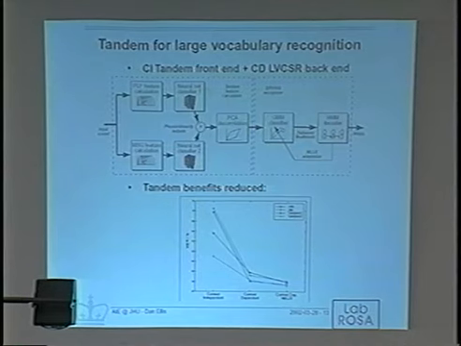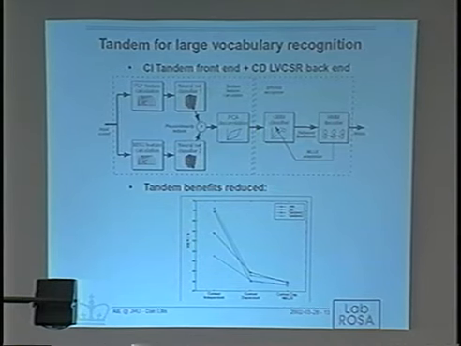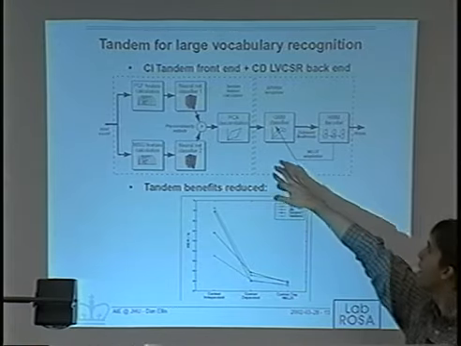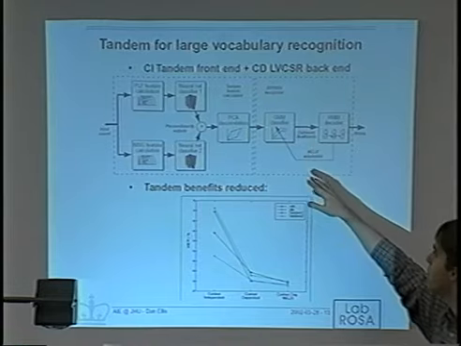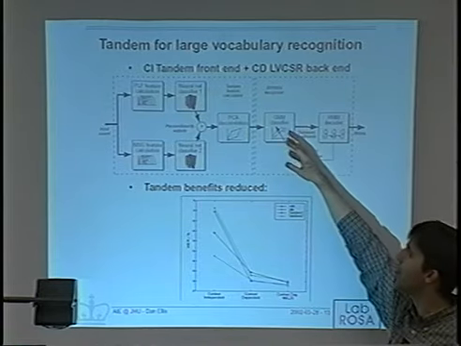We did try and do this for a large vocabulary system for the original SPINE task. This was done in collaboration with Rita Singh at CMU. So she had the Sphinx recognizer, which is a full GMM triphone-based system with adaptation.